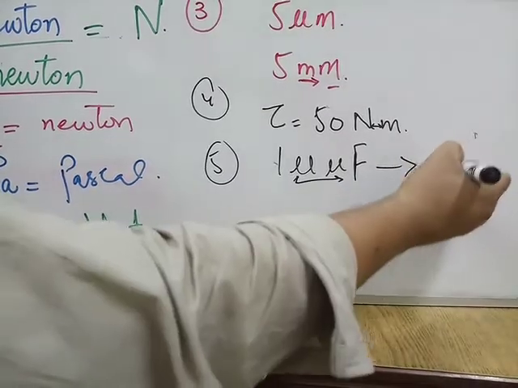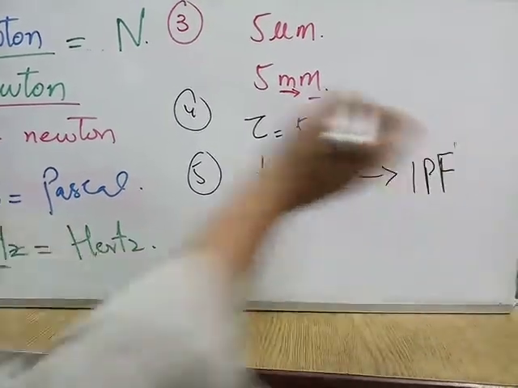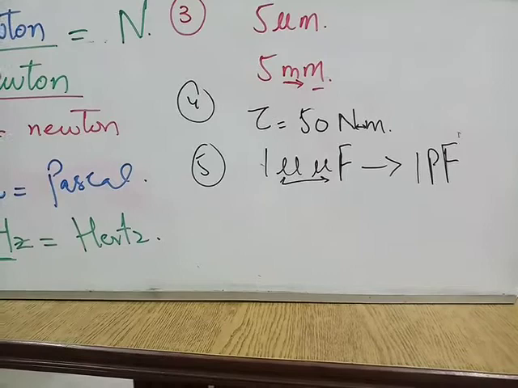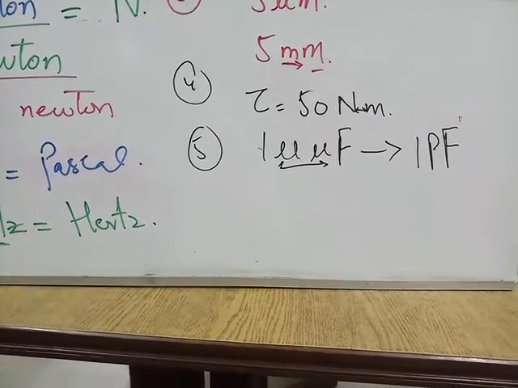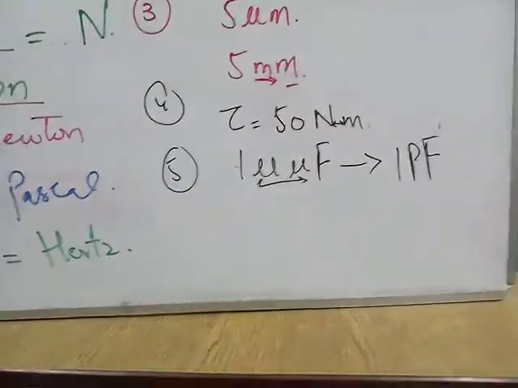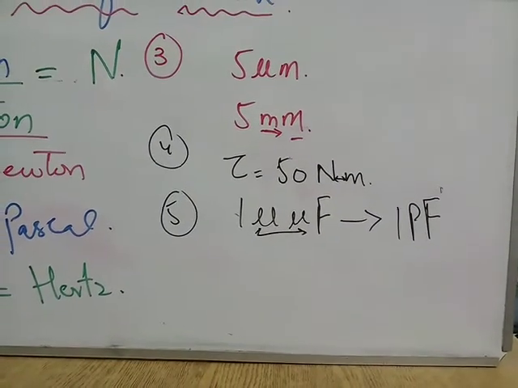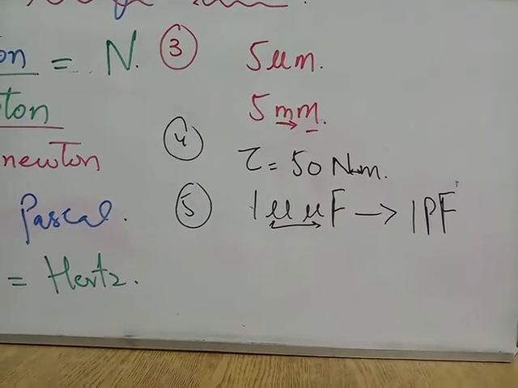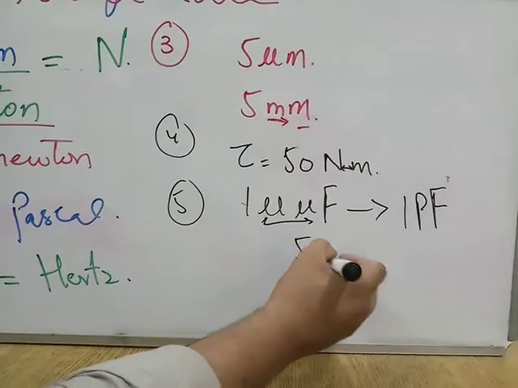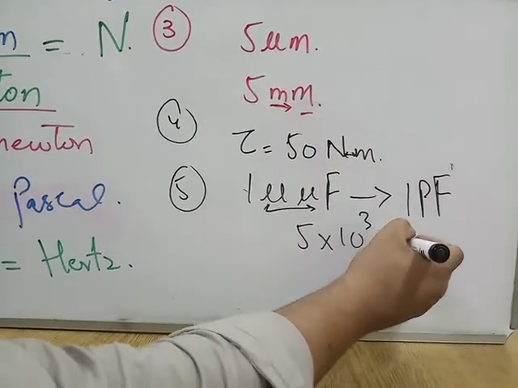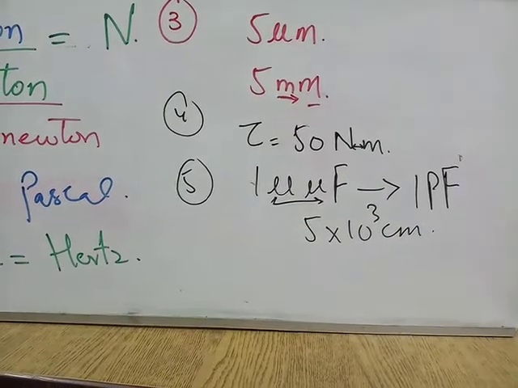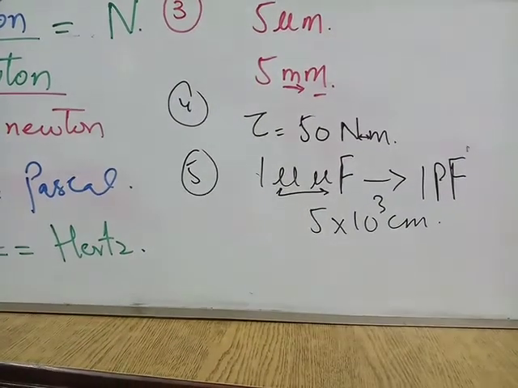For this we can use 1 picofarad. Or you cannot write 5 into 10 raised power 5 centimeter. That can be expressed in the form of 5 into 10 raised power 3 centimeter. So you can write 10 raised power minus 3 centimeter.